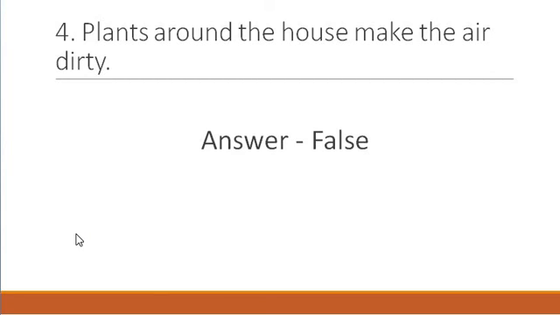Sometimes when you go out your skin becomes oily, and that is called humid weather. So even that oil is being cleaned by the fresh air which we get from the plants.